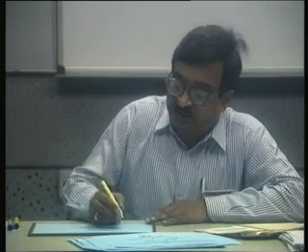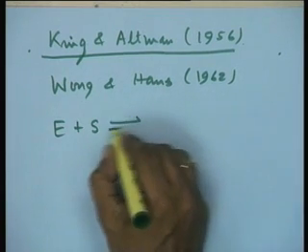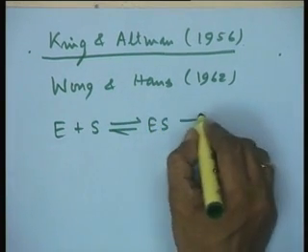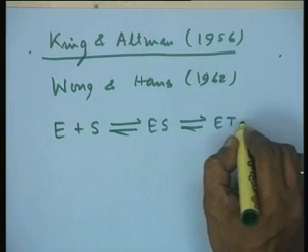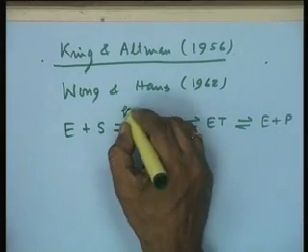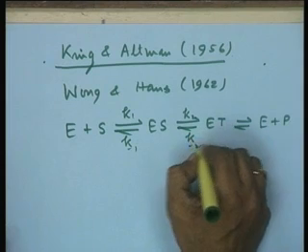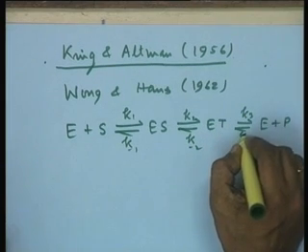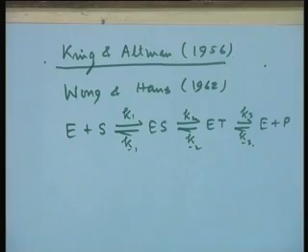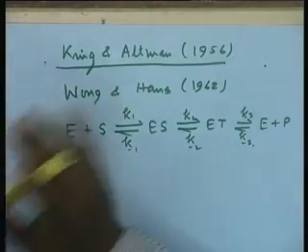The system we will take for simplicity is a two enzyme substrate complex formation, E to ES to ET to E plus P. We can take a reversible system, K1, K minus 1, K2, K minus 2, K3, K minus 3. Just to illustrate the procedure, I just chose this reaction mechanism.